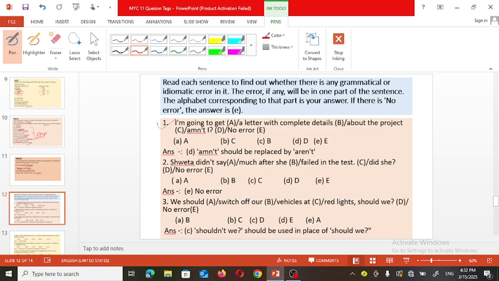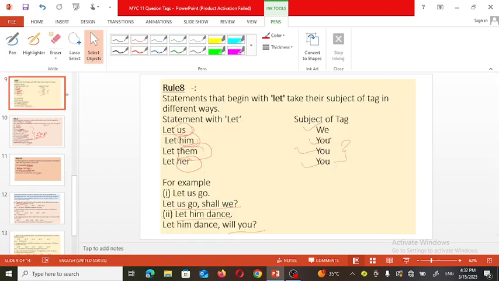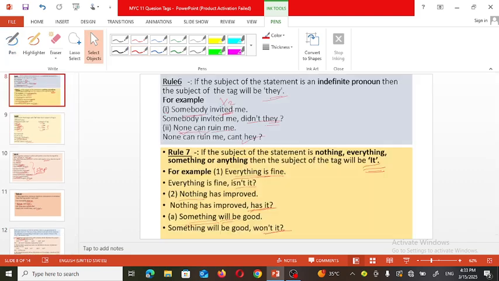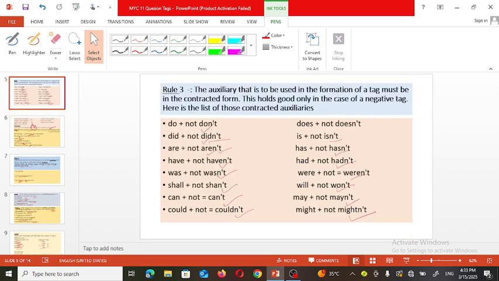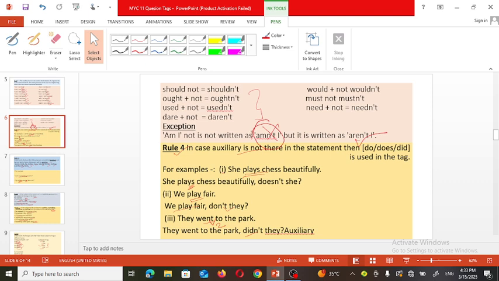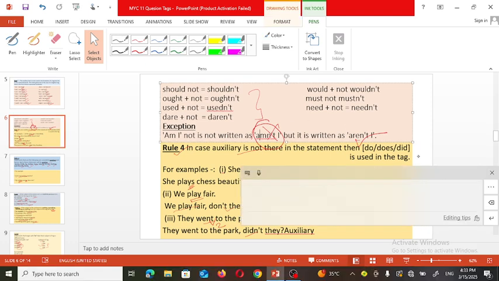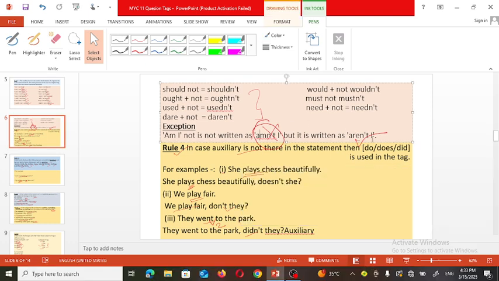Now, see the first question. "I am going to get a letter with complete detail about the project." Okay, this is the sentence. Here "amn't I" is given. According to our previous rule, which we have discussed already, we should not use "amn't"; instead we should use "aren't".